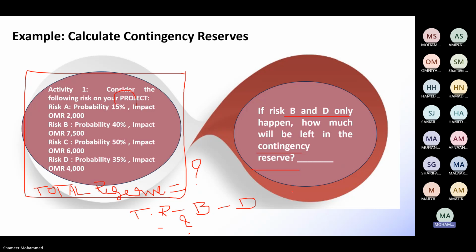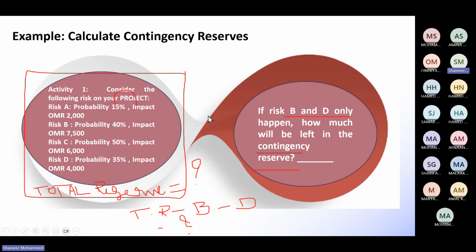The total is 7,700. Probability, how you took 15% means 0.15, 20%, 40% means 0.4. Like that you have to take. One minute.